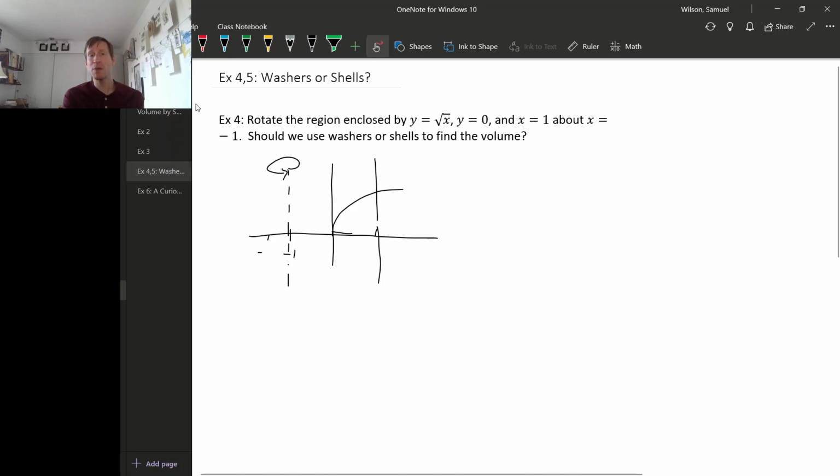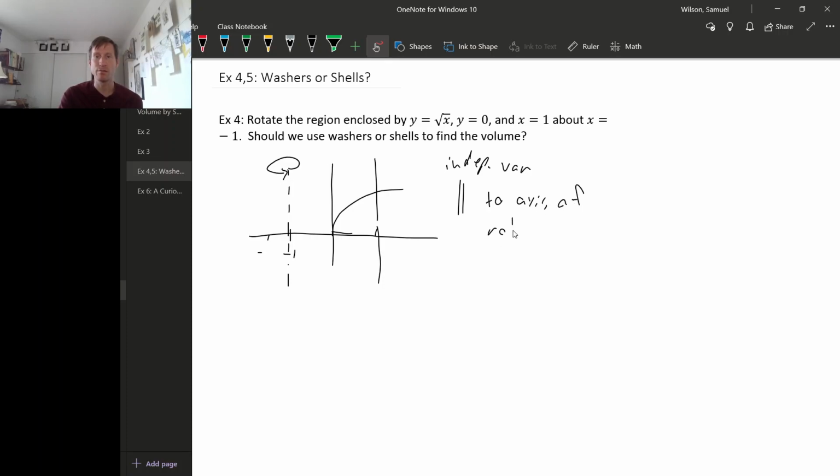Now, if you're thinking about washers or shells, there's sort of a rule of thumb that goes along with this. Washers and shells will have different variables for the independent variable. And how it works is this. If your independent variable is parallel to your axis of rotation, right?